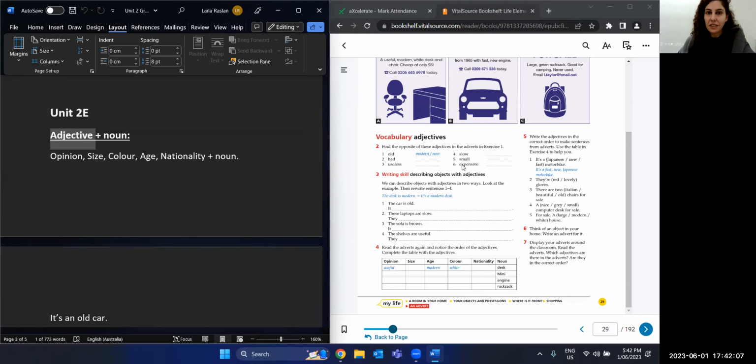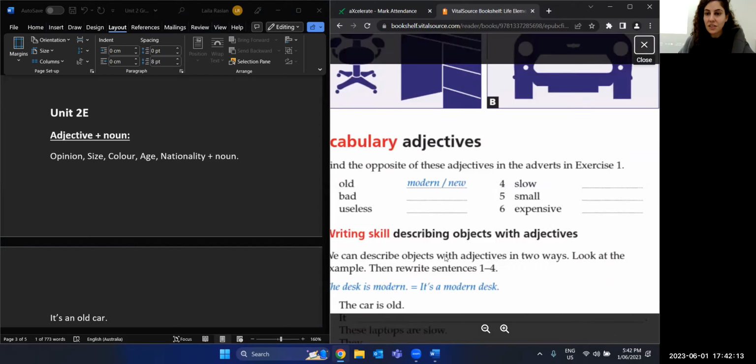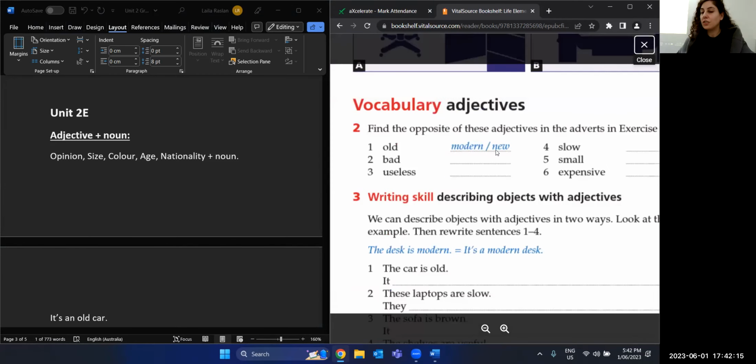If we have a look at some adjectives, for example, old, what's the opposite? Modern or new. Another word similar to old is ancient, used, old, but the opposite, modern or new.